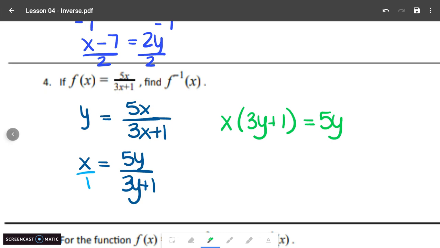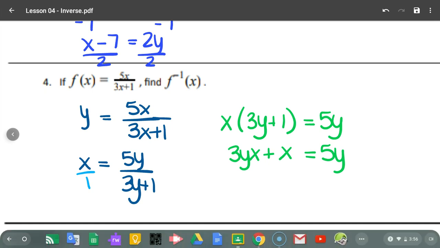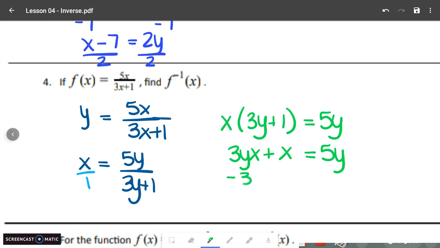Okay, we're going to remember to distribute. So we're going to get 3yx plus x equal to 5y. Now I'm going to move y over so it's on the same side. So I'm going to subtract that 3yx.